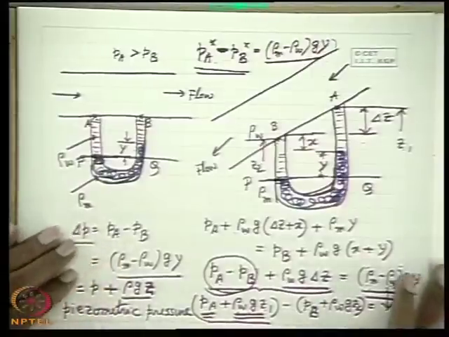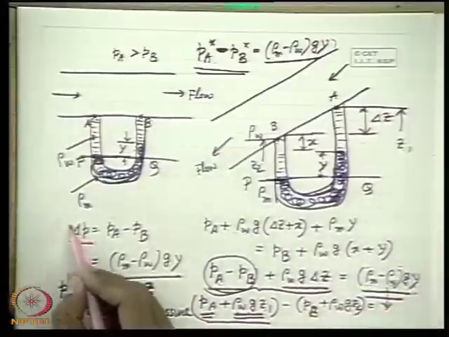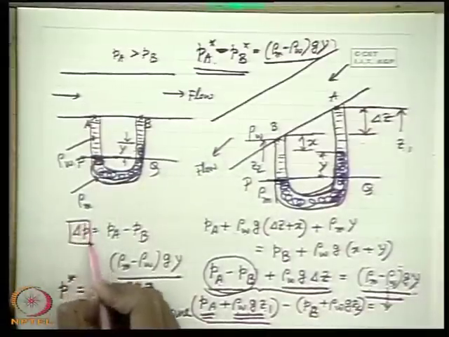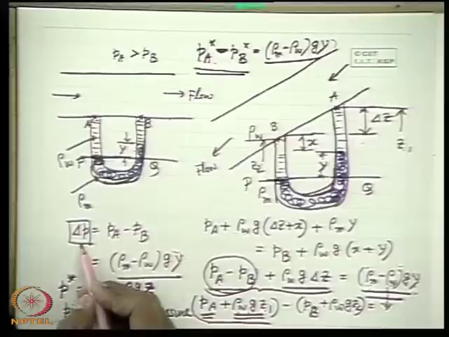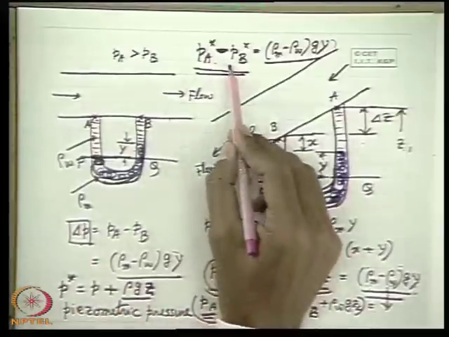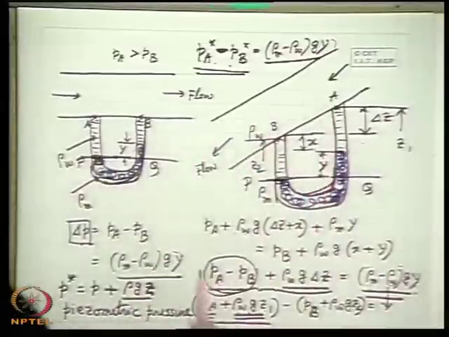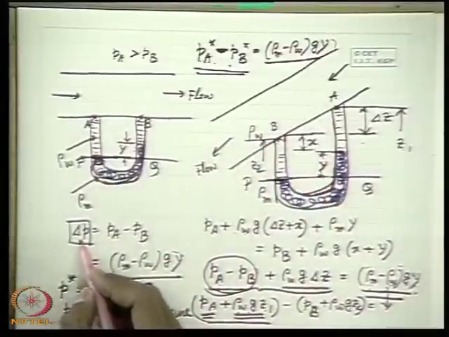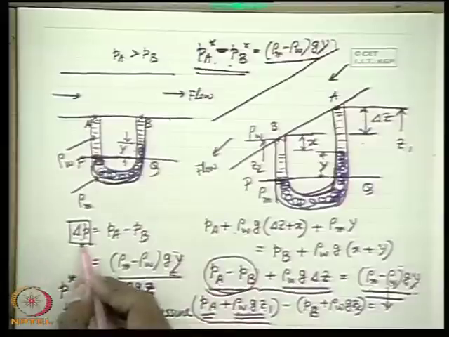Now, next we come to the next part. Here we see that the pressure difference between 2 points in a fluid flow is measured by a manometer basically by this equation. Either it is a static pressure difference or a piezometric pressure difference, depending upon whether the pipe is horizontal or inclined. Now, if we want to measure a very small pressure difference, we should have a substantial value of Y for a small pressure difference.